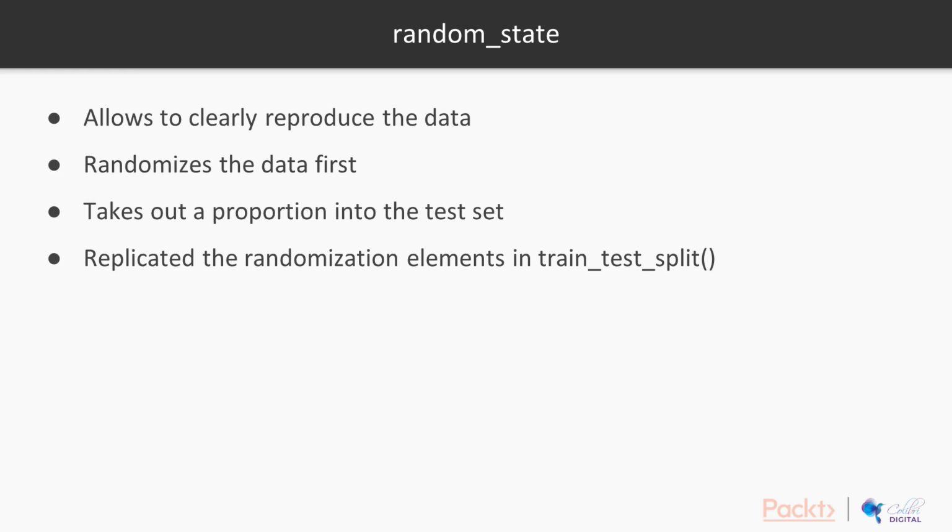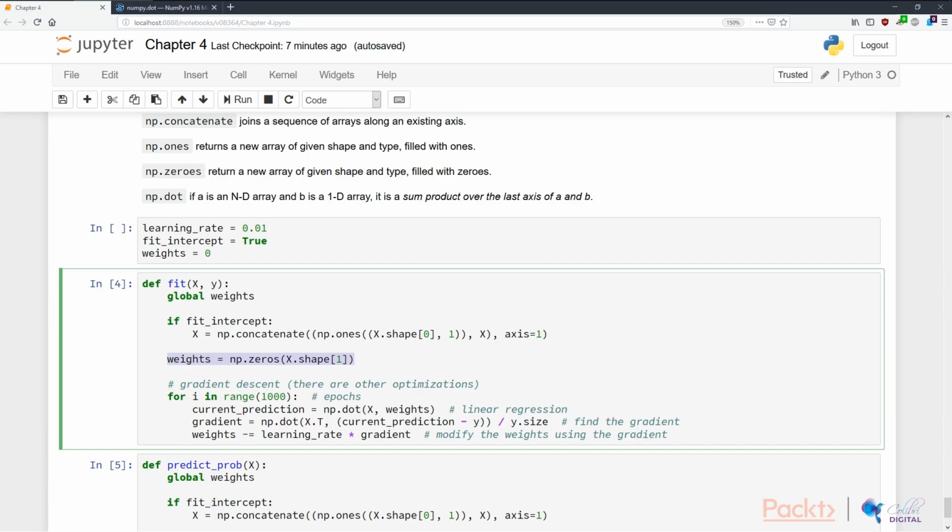If we do, in the highlighted portion of the code, we're assigning the concatenation of a matrix filled with ones and X, which is the feature matrix, a concatenation of that along the first axis, which is the columns, into X. And we initialize the weights of the linear model as zeros with the shape of the number of columns there are in X. The effect of this is if there's no intercept, then we're going to have the weights matrix or vector be a list of zeros that is the length of the number of features in X.